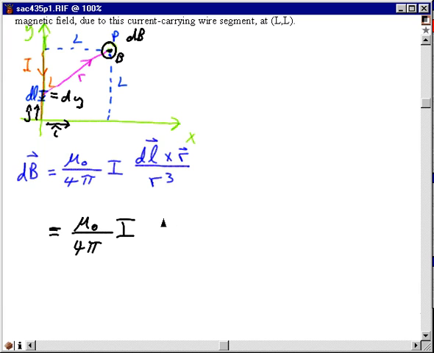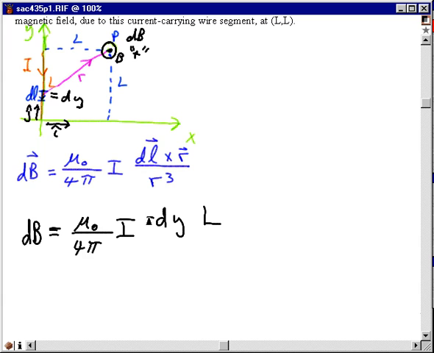So if I want dB just in magnitude, considering the outward direction, the positive z direction, to be the plus direction, the same direction that we've indicated over here, I'm going to call the positive direction. I have dy times L, dl cross r is going to give something that has magnitude dy times dl.